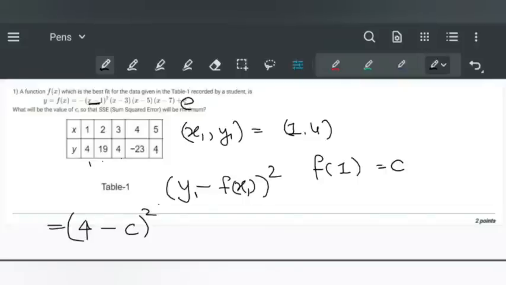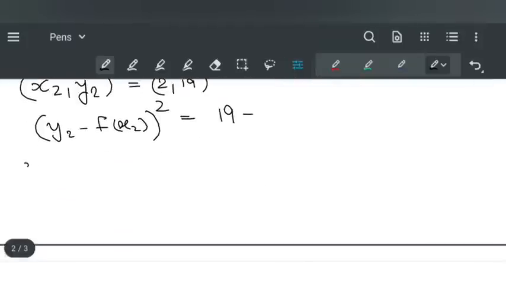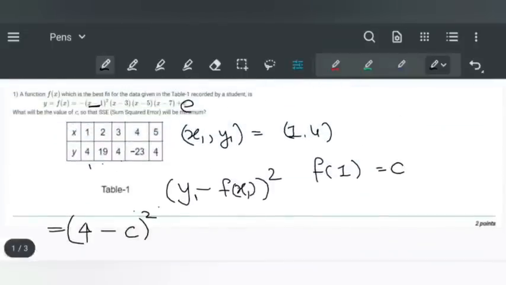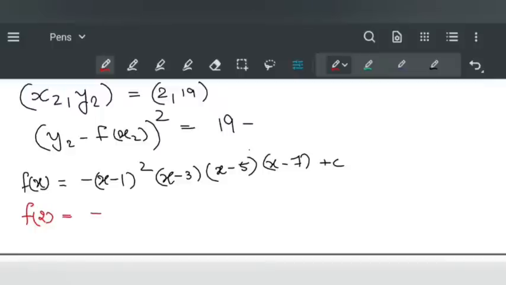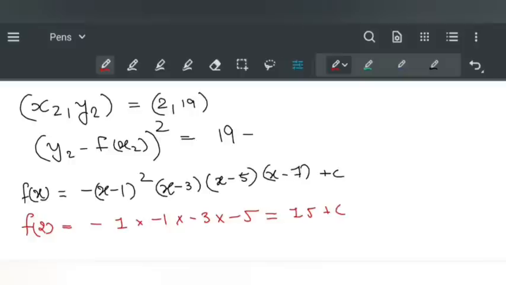For f of 2, first we have to write f of x. f of x is minus x minus 1 whole square, x minus 3, x minus 5, x minus 7, plus c. Now f of 2 is equal to minus of 1 multiplied by minus 1 multiplied by minus 3 multiplied by minus 5, which is equal to 15 plus c. So the second term of SSE will be 19 minus 15 plus c, which is equal to 4 minus c whole square.